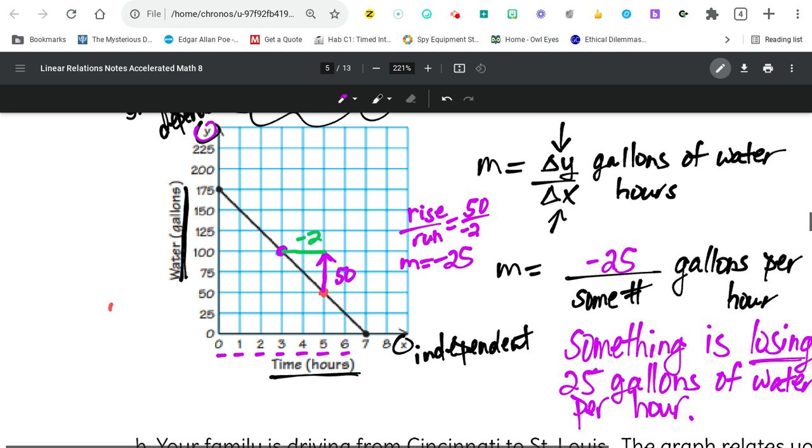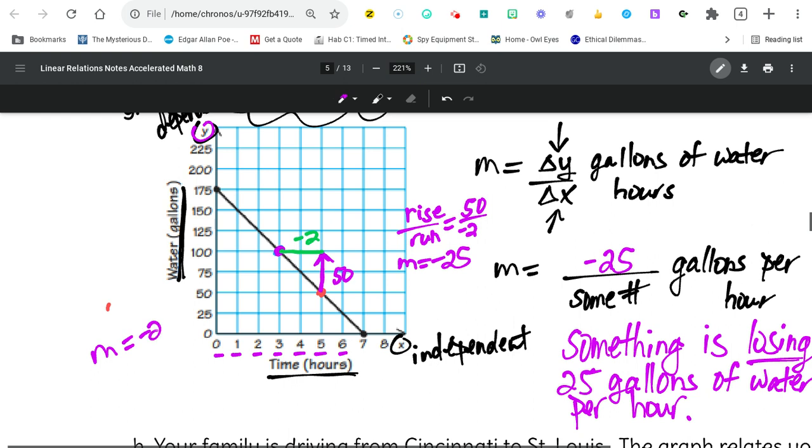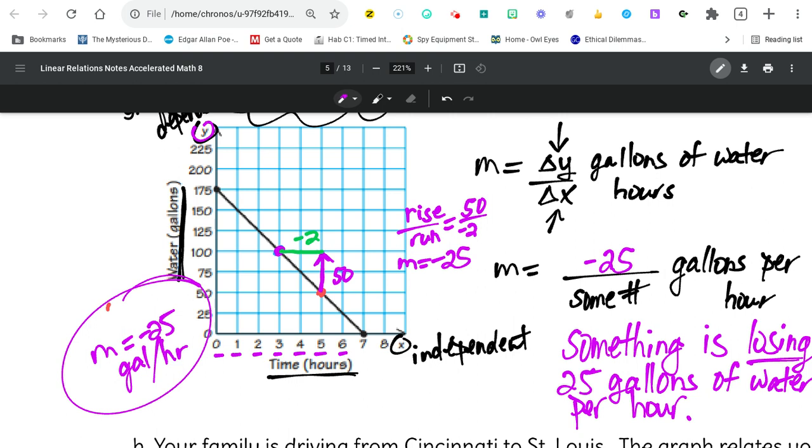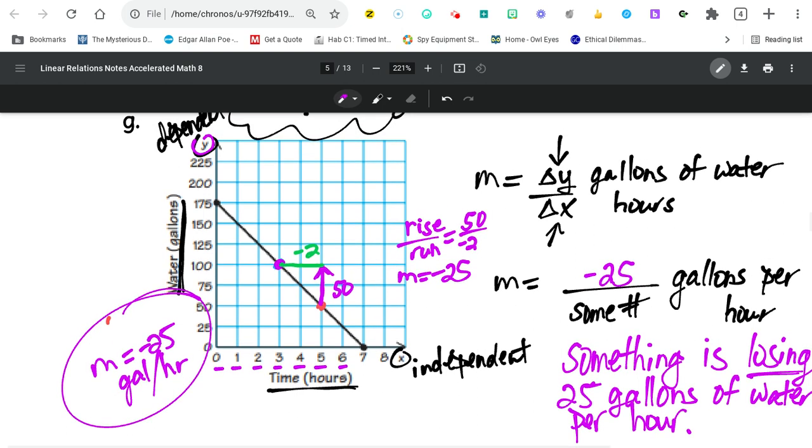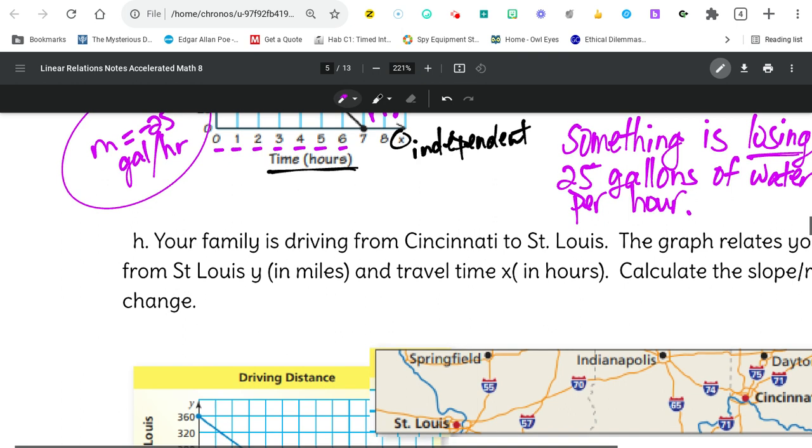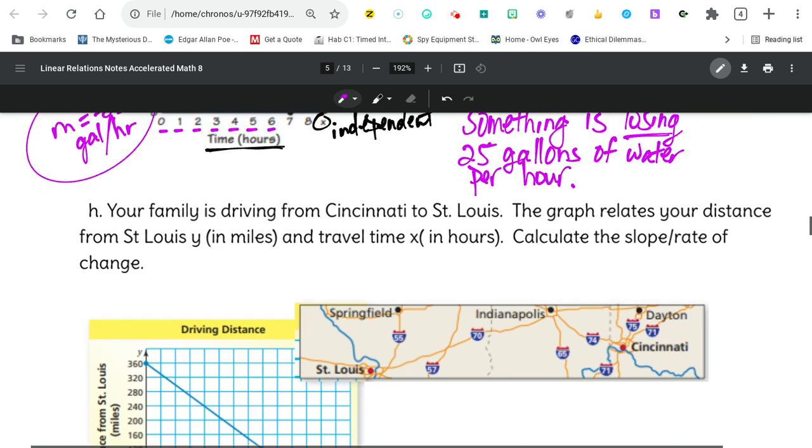That's what that means. Okay, that's all that means. So your slope is -25, but it's talking about a loss of gallons per hour. And you could tell that it was decreasing because it's going down from left to right. It's decreasing.